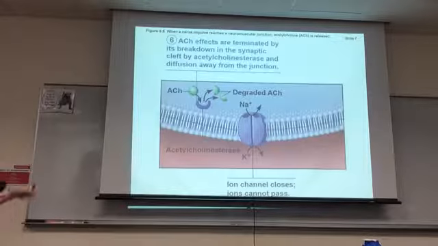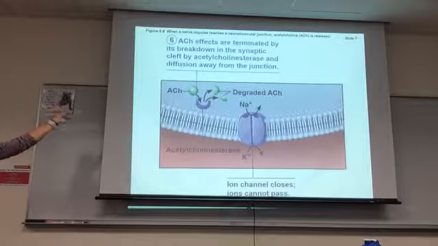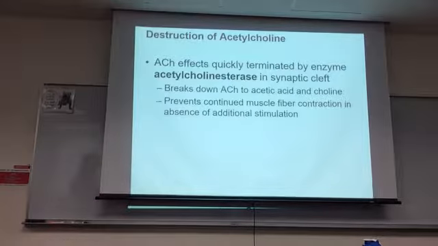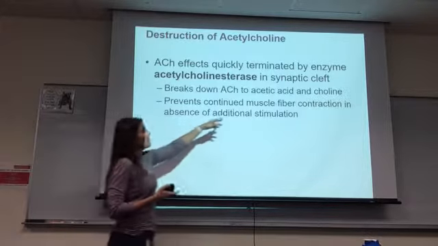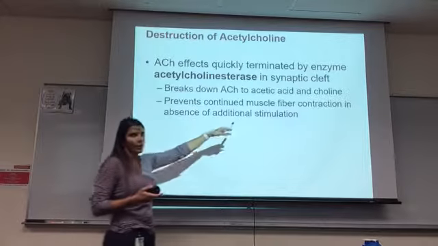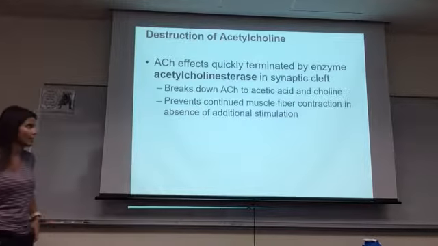That chemically gated channel, or ligand-gated channel, closes. The acetylcholine can be resorbed, diffuse away, or be broken down by acetylcholinesterase. Acetylcholinesterase is responsible for breaking down acetylcholine into acetic acid and choline. You don't need to know that, but that's what it is.